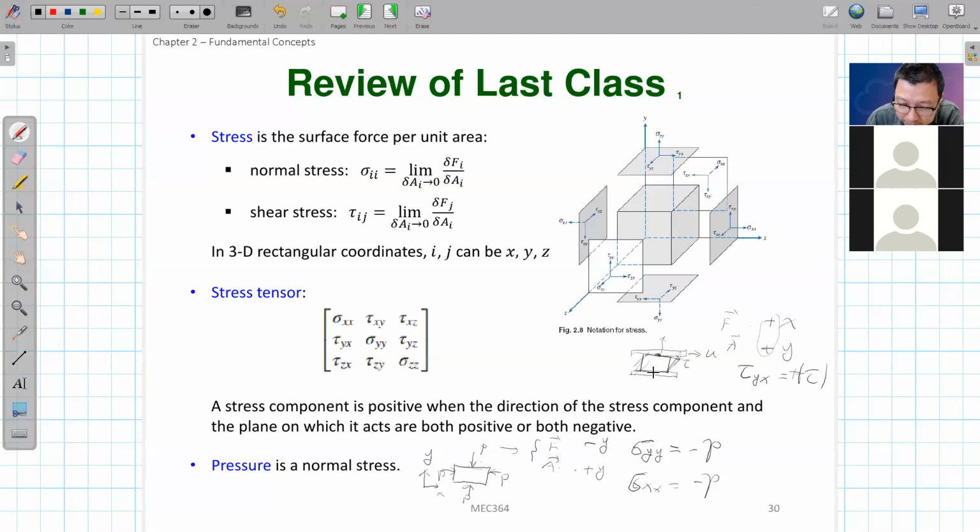No slip condition basically means that at the interface of fluid and solid, they have the same velocity. The bottom plate is stationary, so the fluid there is stationary. On the top, the fluid has the same velocity as the plate. That's why it becomes sheared, because there is a velocity difference between the top and bottom of the fluid. All right, thank you.